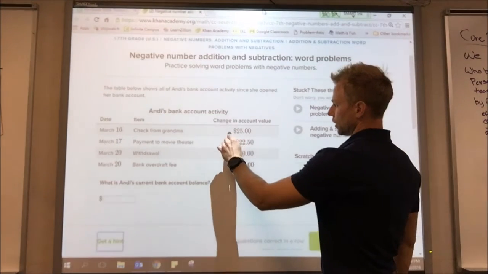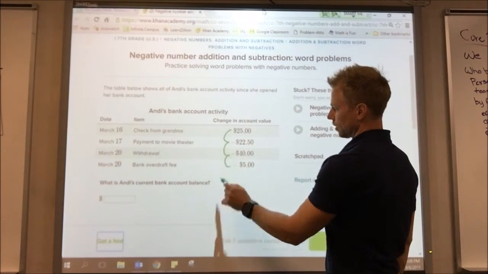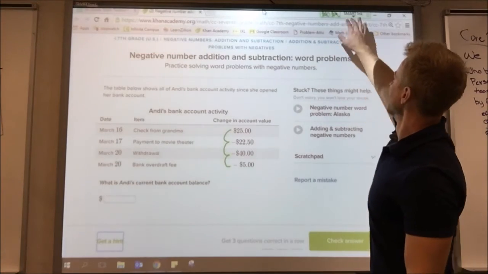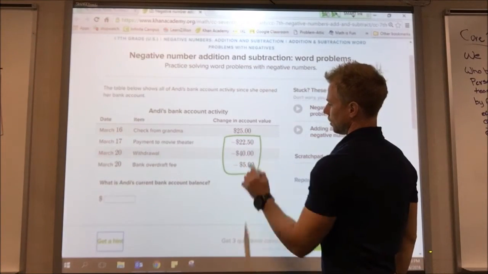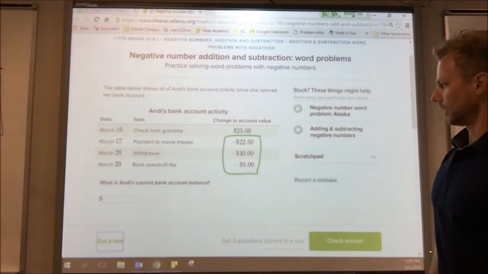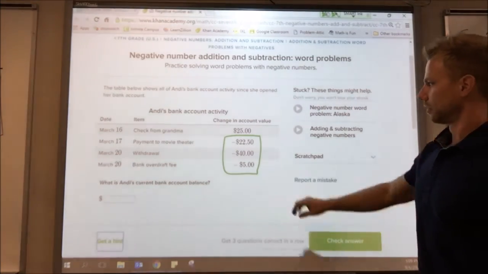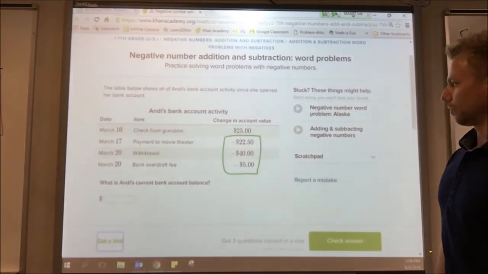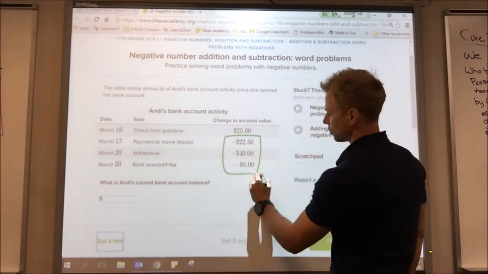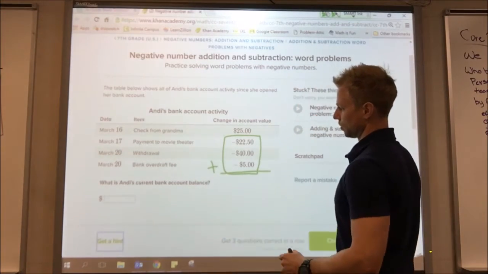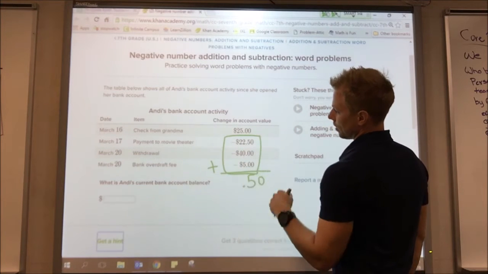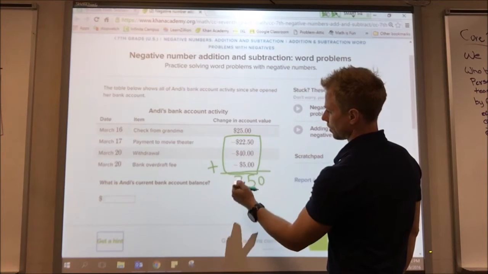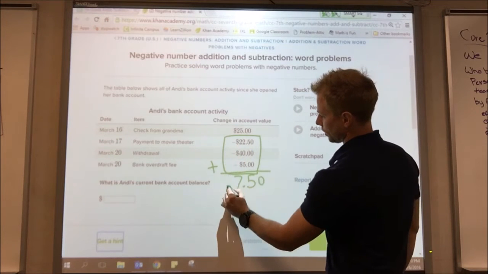So we could go 2 at a time and combine them, or we could first look at all of our negative numbers and put those together because we know they're going to be negative, and then we could add that to our positive number. So if we just add all these negative numbers together, we have 0, 5, 5 and 2 make 7, 4 and 2 make 6.